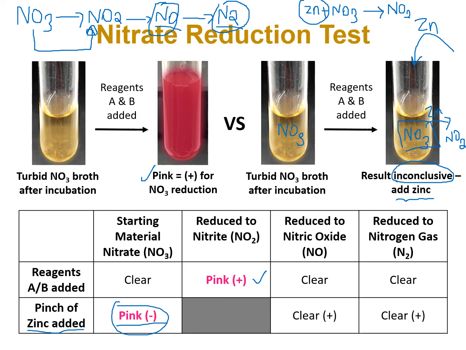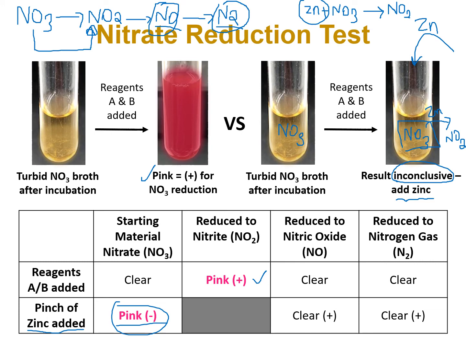But what does that mean for my bacteria? Well, it means that your bacteria didn't do the reduction. It means that the nitrate that you started off with was still there, which tells you that your bacteria was not capable of reducing the nitrate. So the nitrate that you started off with was still in the broth.